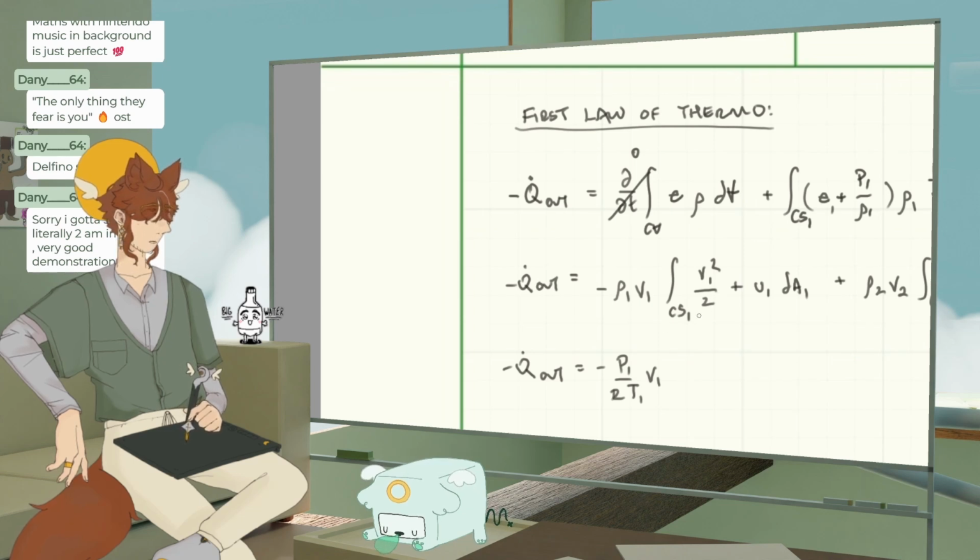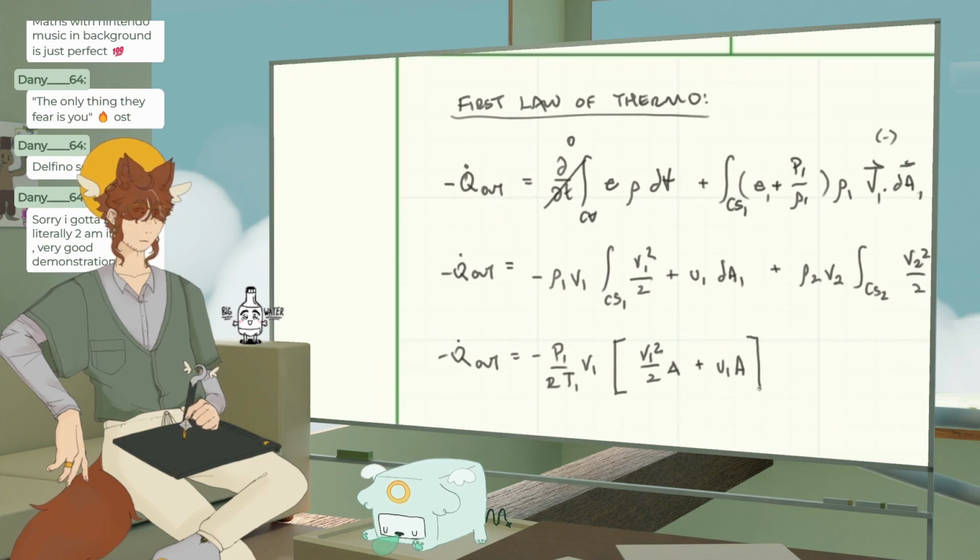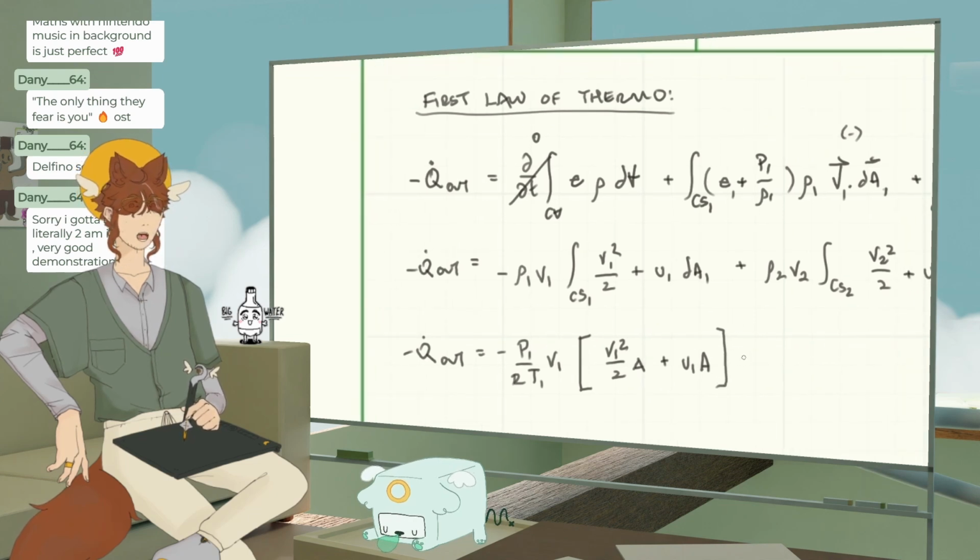Now, if we pull out this right here, we're gonna get V1 squared over 2A plus U1A. Might just be because we can't actually factor everything out. That might be why. And so we have to kind of... I don't understand because he literally gives us the temperatures there. I don't know, man. What am I gonna do about it?